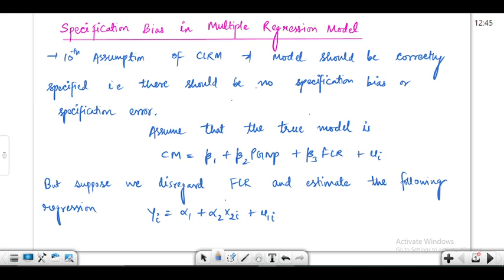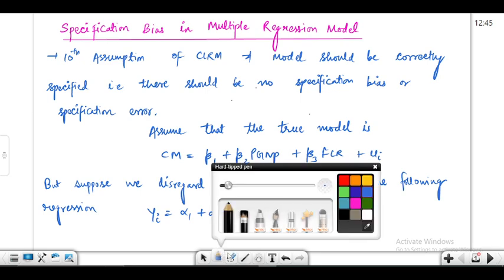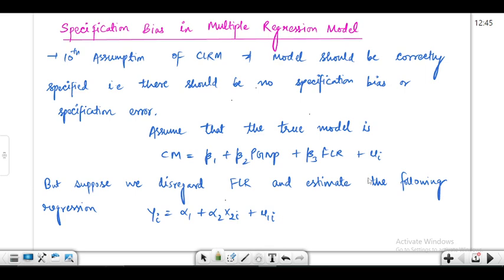So let's continue with our multiple regression model, and today we'll be talking about specification bias in the multiple regression model. I hope you remember the assumptions of the model. In those assumptions we had discussed two extra assumptions that were different from your simple linear regression model.